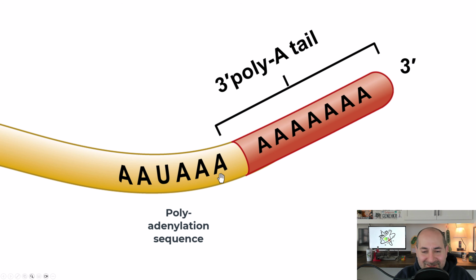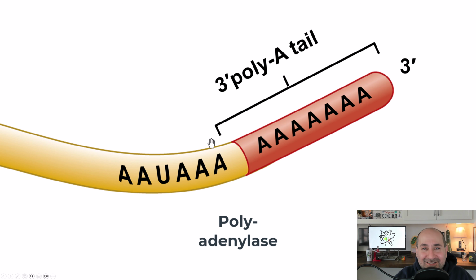What in the world does that mean? That means that shortly after this sequence, transcription is finished. So the pre-mRNA only was this long at the 3' end right here. It ended right here. An enzyme called polyadenylase comes along afterwards, and this is known as post-transcriptional modification. This means that it occurs after transcription.